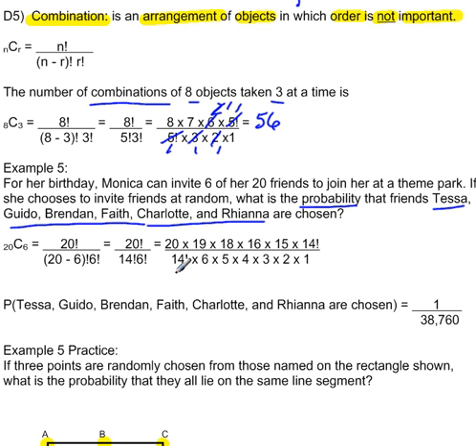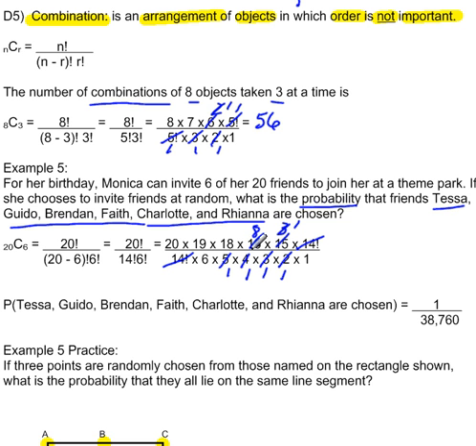Just doing your formula, working it out. So we've got 20 times 19 times 18 times 16 times 15 times 14 factorial. I know to stop there because I know those will cancel. And then I want to write out my 6 factorial. So I want to cross cancel. 5 goes into 5 one time and 5 goes into 15 3 times. I could cancel out my 3s now. I could cancel my 2 with my 16 and make that an 8.